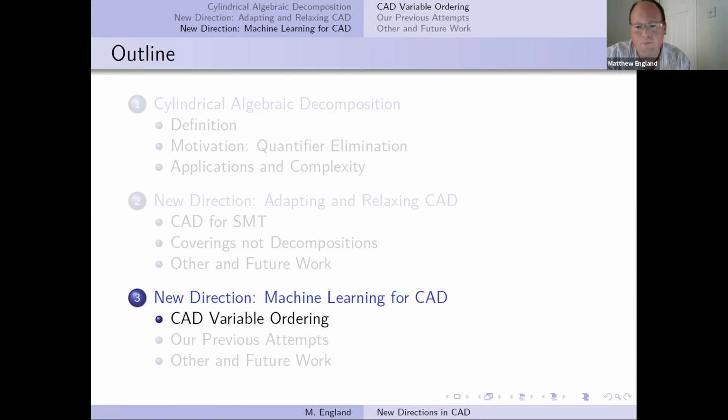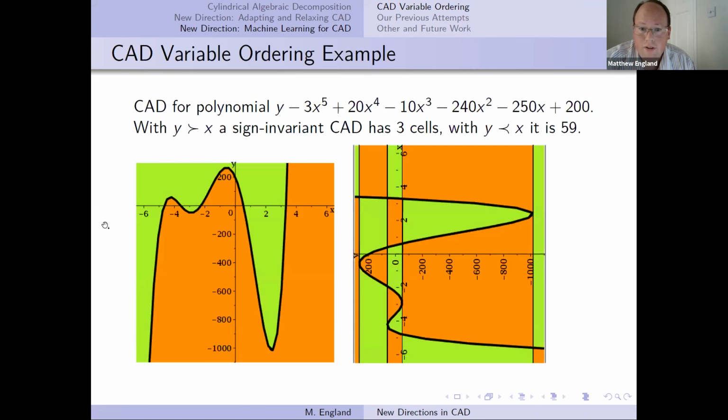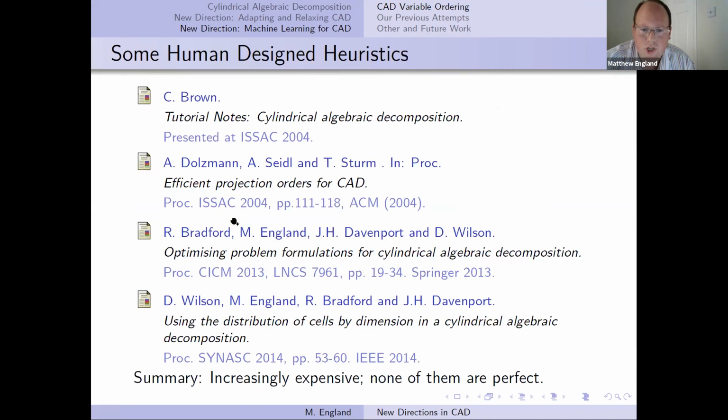So the other direction that I could have talked about today, but I won't, was the use of machine learning to optimize CAD. So I already gave some hints about choices in CAD. One classic example is the variable ordering. Here, there's a 3-cell CAD, and for exactly the same polynomial a 59-cell CAD, depending on whether you pick y first or x first. So this is just an example of one choice.